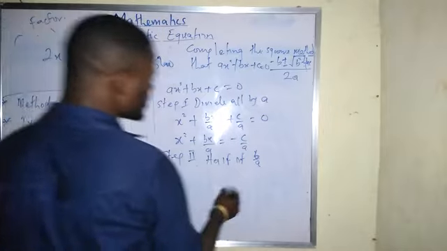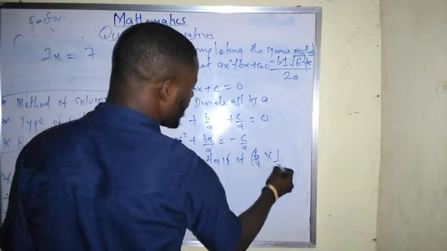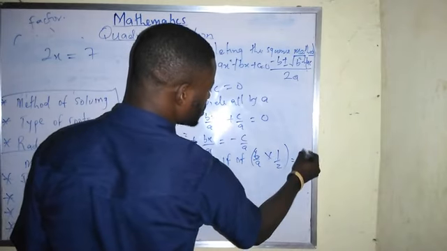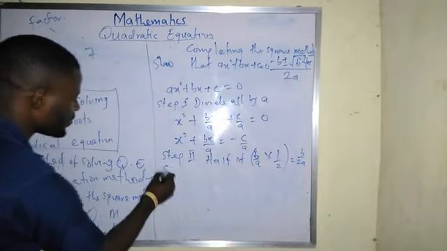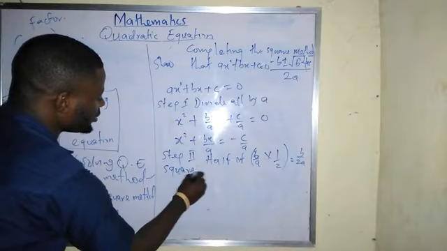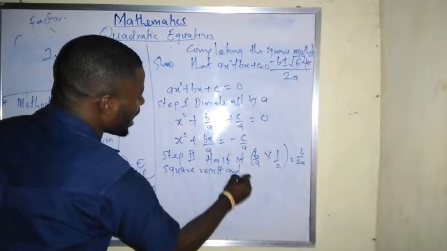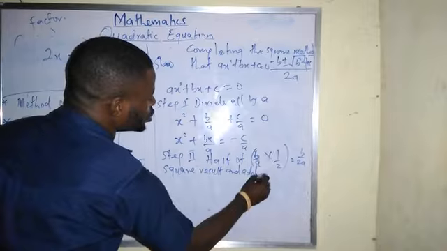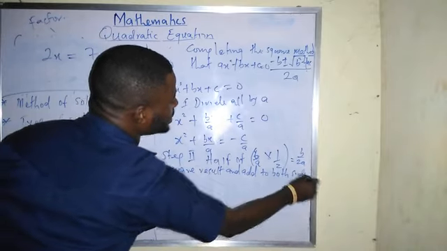Half of a statement means one over two times b all over a, which equals b all over 2a. Now, square the result and add to both sides. Please take note of that.